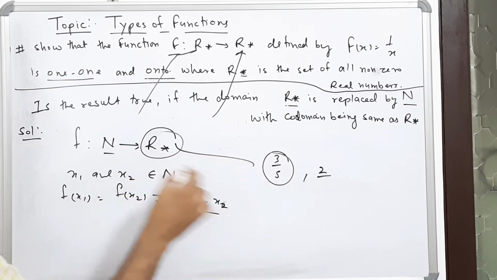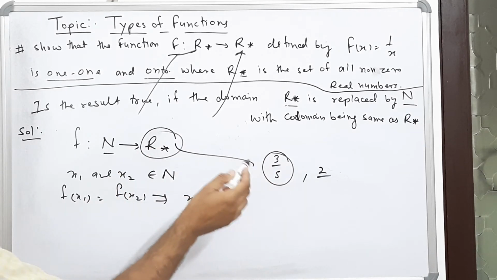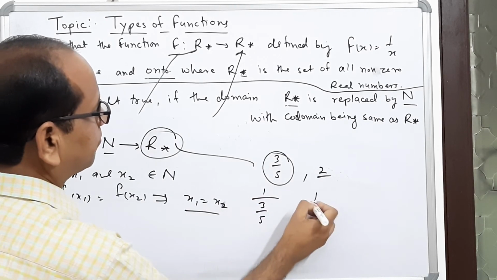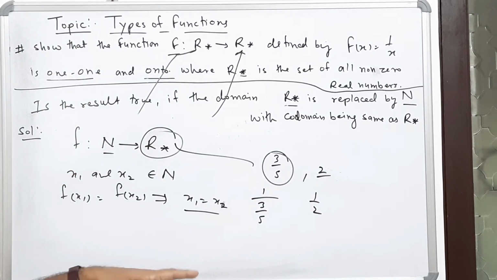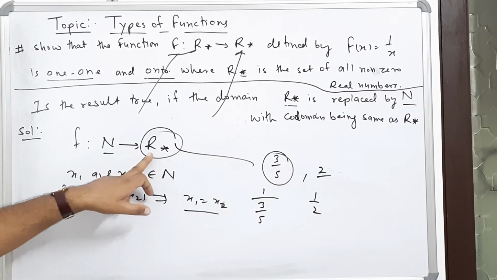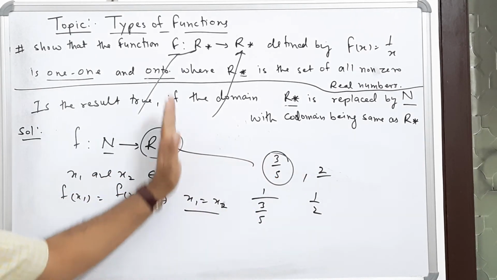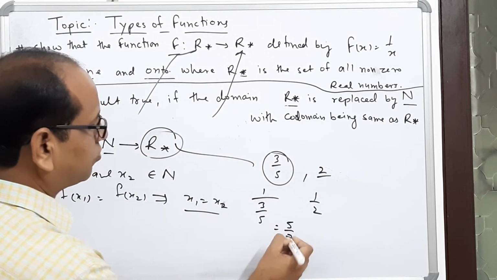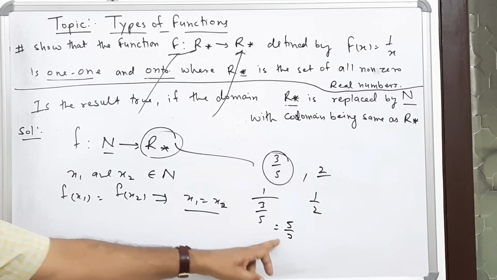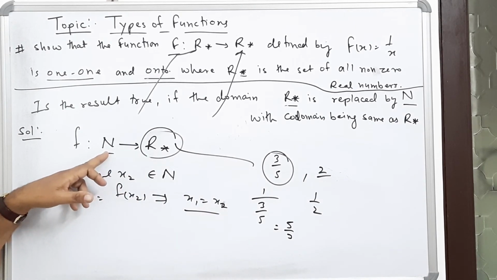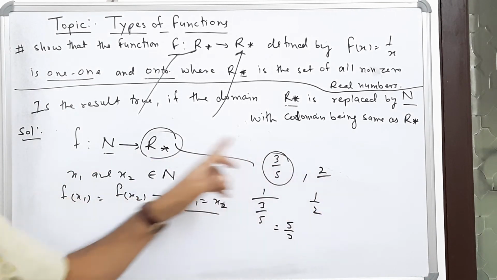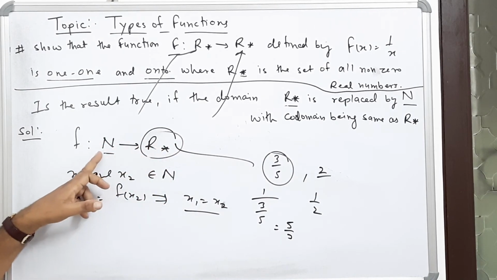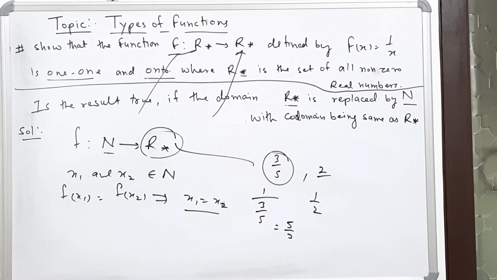According to this function, the pre-image of 3/5 will be 1/(3/5), that is 5/3, and 5/3 does not belong to N. Say I am taking another number 2. Then what will be the pre-image? 1/2. And 1/2 is not a natural number.